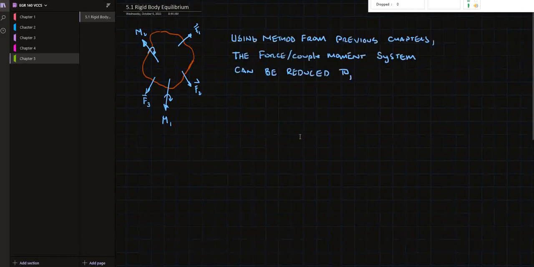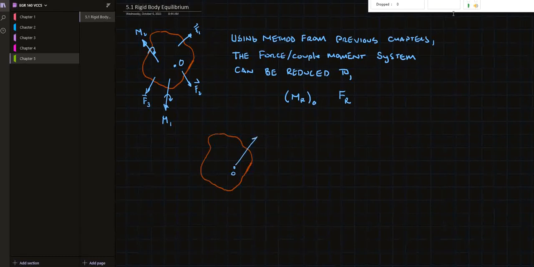So using the methods from previous chapters, the force couple moment system here can be reduced to just a simple reaction moment about some point O. Let's just pick a random point here, O, and a reaction force.